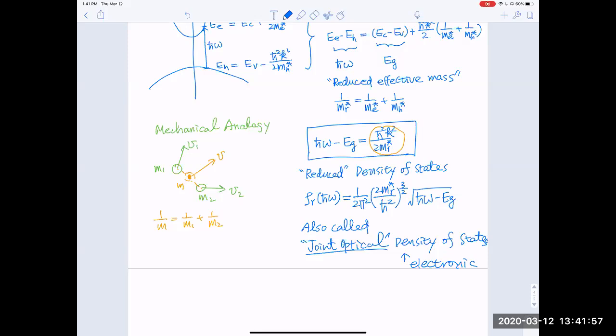So the expressions now become very simple.